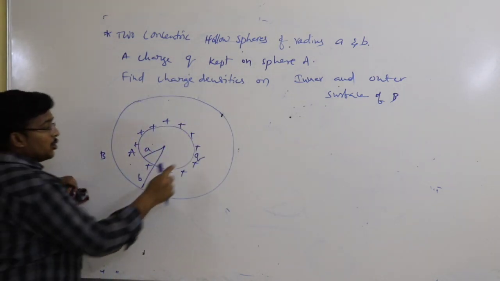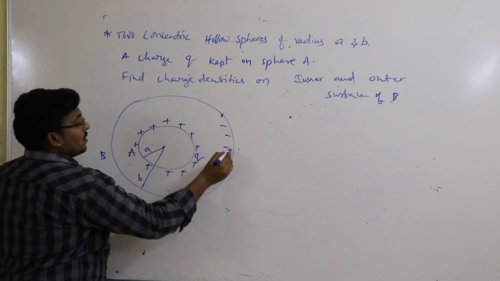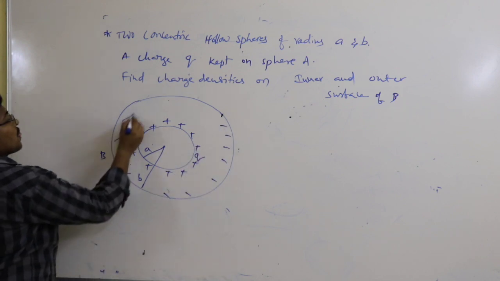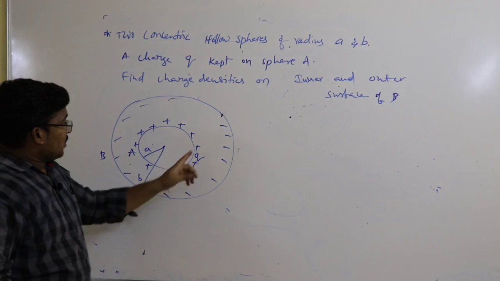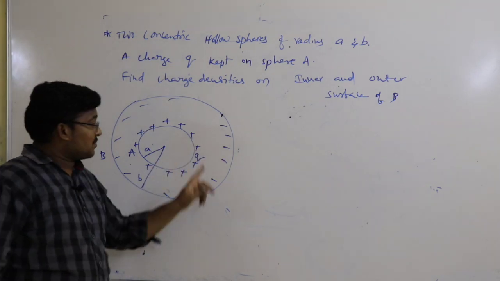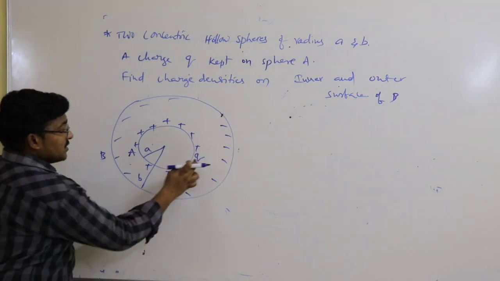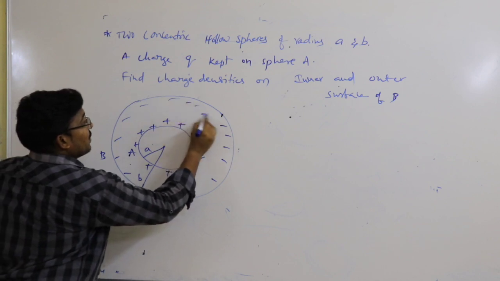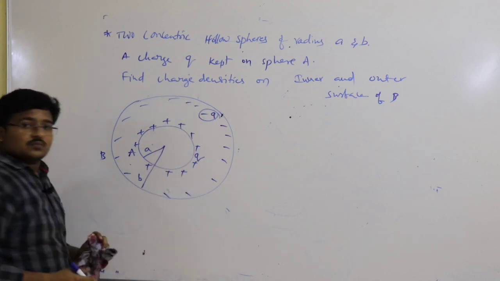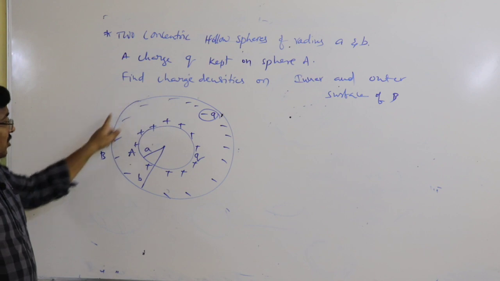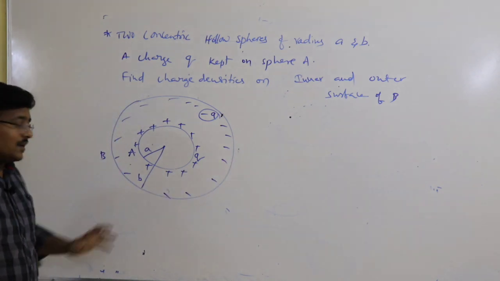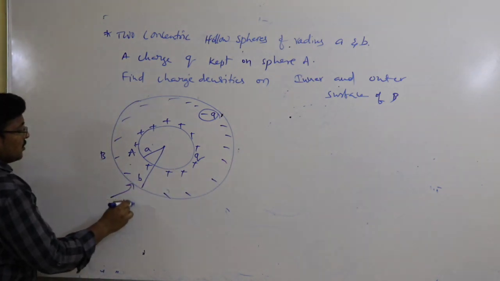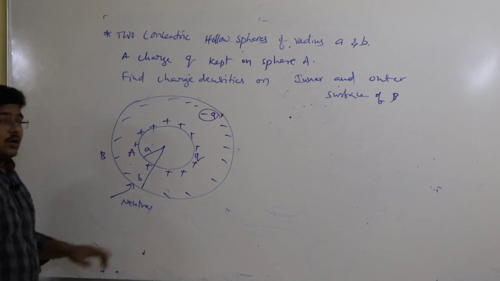We know that due to this Q, a minus charge will be induced here. As we know already, these facing surfaces must have equal and opposite charges. This is Q, which means this will be minus Q. And they have not given the charge of the B. You can take it as neutral.